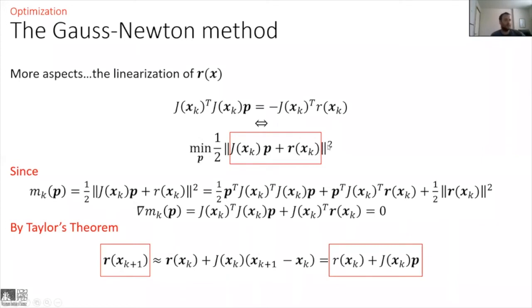So another way of thinking about the Gauss-Newton method is that we have made a first order approximation of the residual function R, and now we want to minimize this first order approximation.